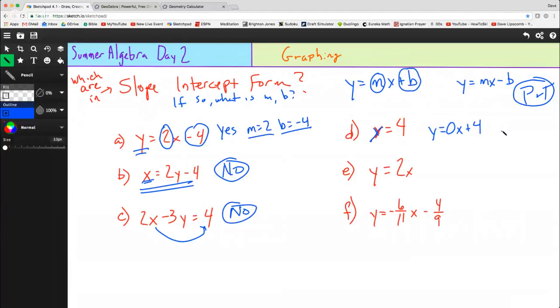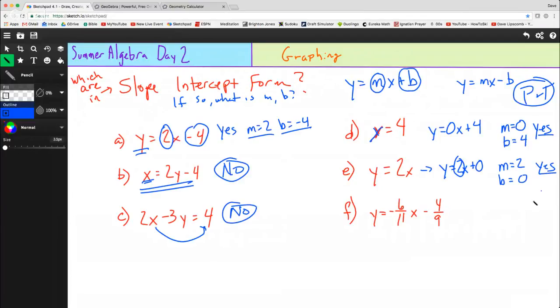So in this case, our m equals 0, and our y-intercept is equal to 4. Likewise, this one is like y equals 2x plus 0. And in this case, our m equals 2, and our b equals 0. So these are both yeses.